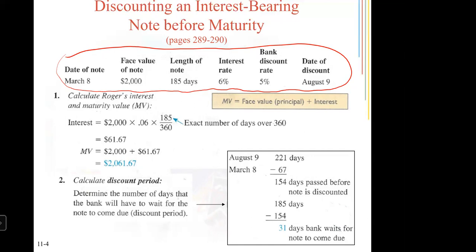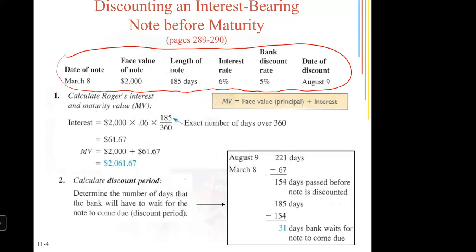When that is multiplied, you get a total of $61.67 for your interest. The maturity value would be the 2,000 plus the 61.67. So at the end of 185 days, they should pay $2,061 to the company which they owe.